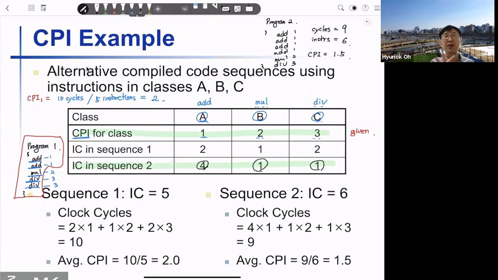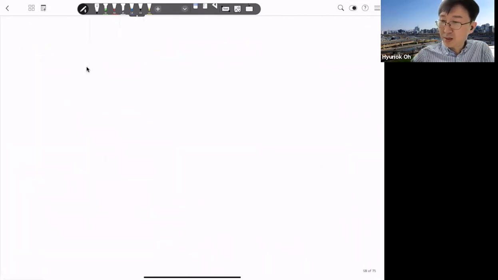CPI totally depends on which application you are running. So CPI is not a fixed one.